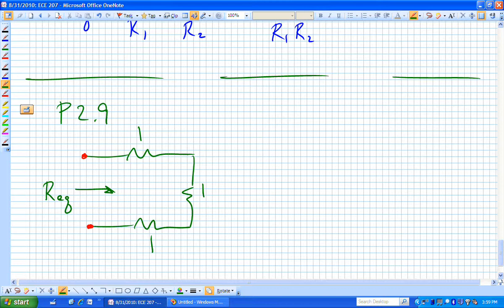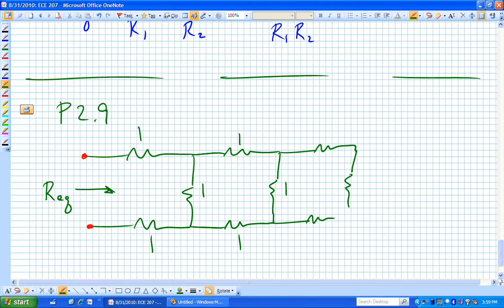Well, it's surely not that easy. And it's not. Suppose we add some more. It's not that easy. You know what? Just keep that pattern going forever.